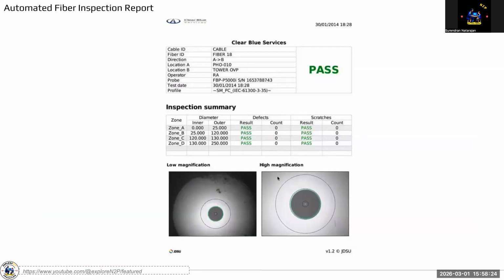I want to show that this is a small part of core, black surrounding cladding. This is the plastic material protecting the outer. If you look at the fiber, these are all small dust. If you have dust here, that is not a problem.